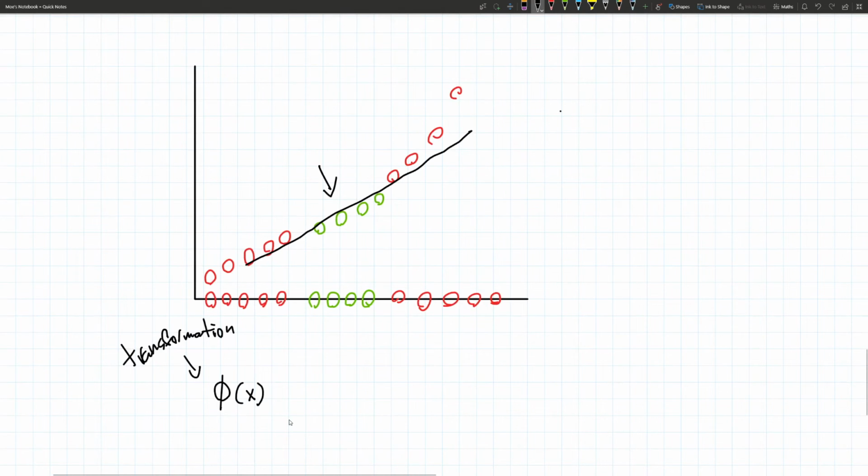Let's say this is the old data, then we take the power of 2 of these values, and we get a slope, and then we can linearly separate the values. So we get something like this, right?